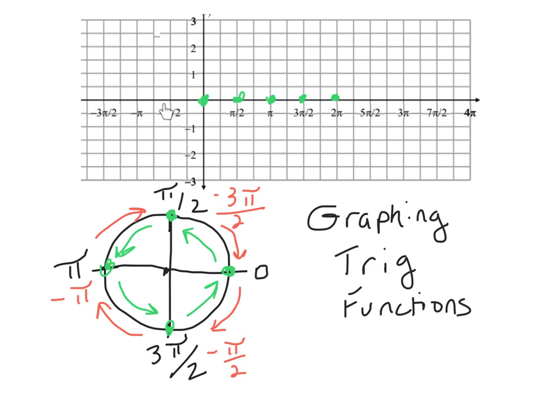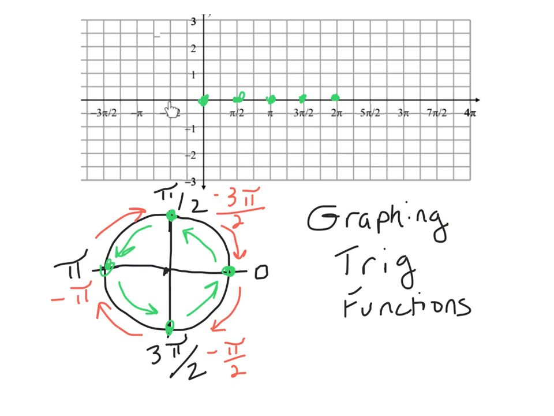So going back the other direction on our graph, if you look backwards here, this says negative pi over 2. Well, we're going backwards, in the negative direction. So if we're going in the negative direction here on our unit circle, we're also going to go negative. So if we're going from the standard position in the negative direction, then the first angle we hit is going to be this, negative pi over 2.